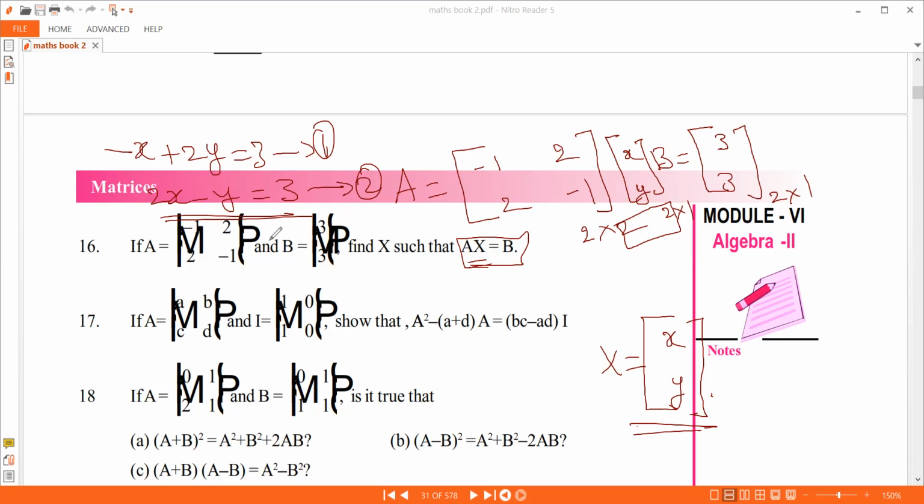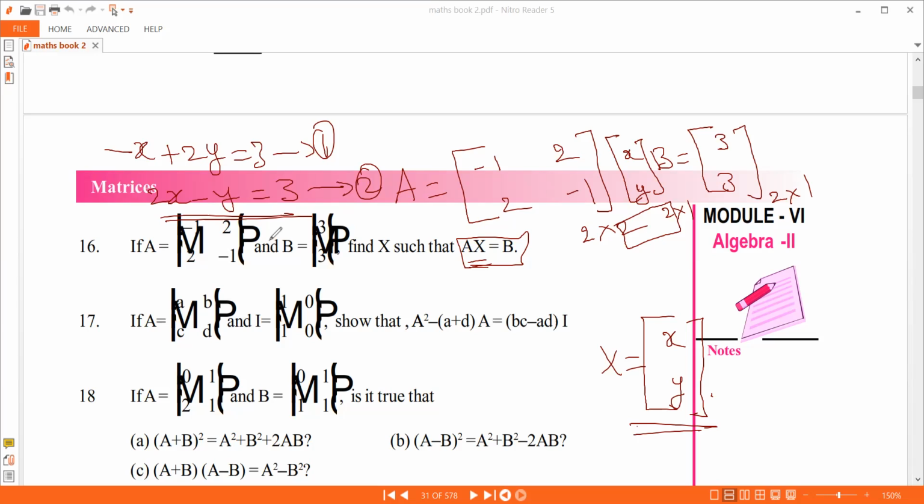4x minus 2y is equal to 6, and down, minus 1x plus 2y is equal to 3. Add it. So minus 2y and plus 2y get cancelled. So 4 minus 1 is 3, 3x. And 6 plus 3, you are adding, is 9.